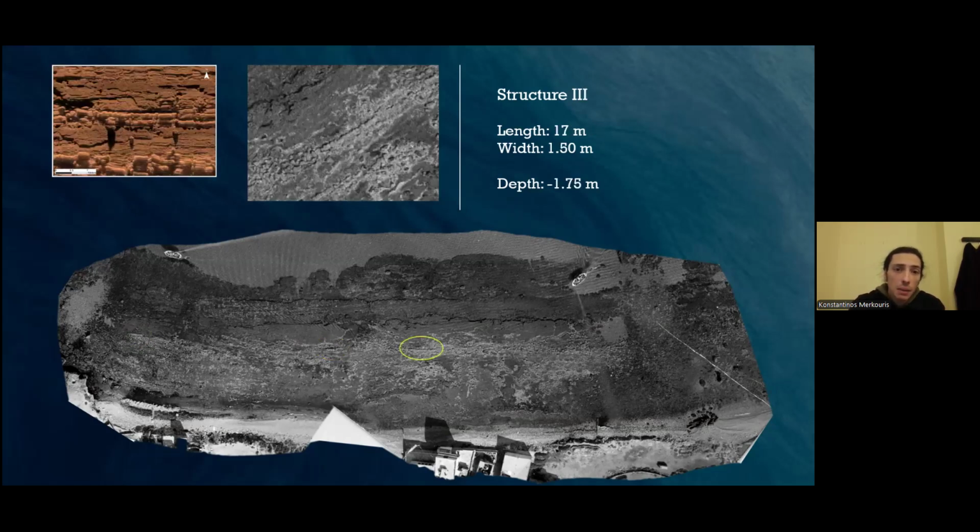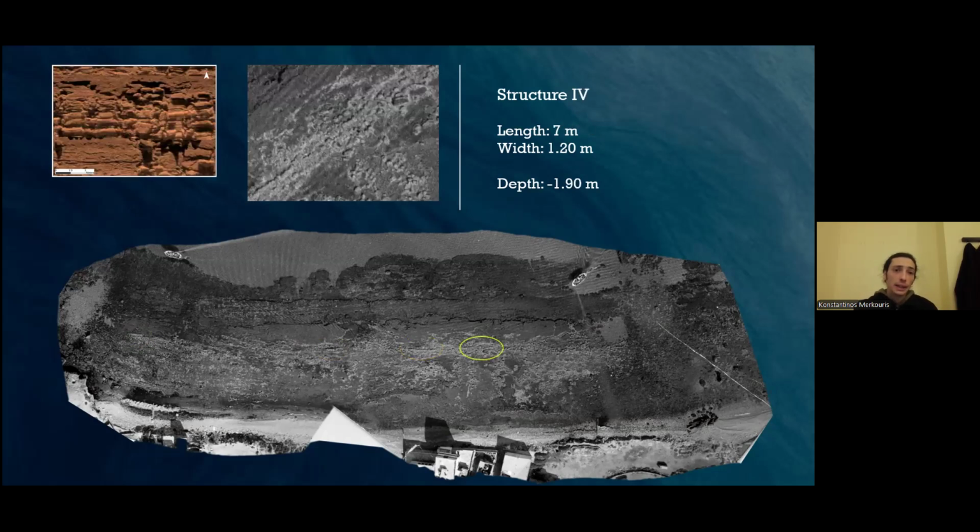This gives the impression that they are part of a single structure that once extended along the entire beachfront. In all cases, the construction consists of two parallel rows of stone blocks, although in some areas these rows are no longer fully preserved.